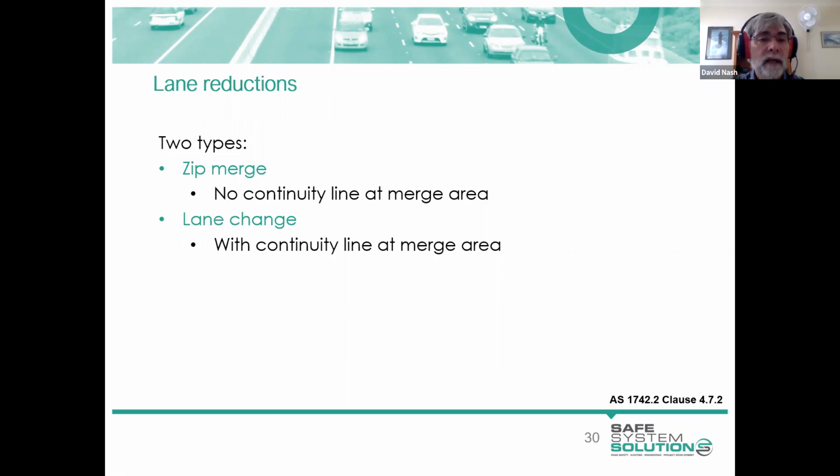And then under the road rules, the obligation is for the drivers to give way to each other. So you give way to the vehicle that is ahead of you. And therefore it's called a zip because basically the one ahead goes before the next one and then the next one goes behind that one as they zip together.